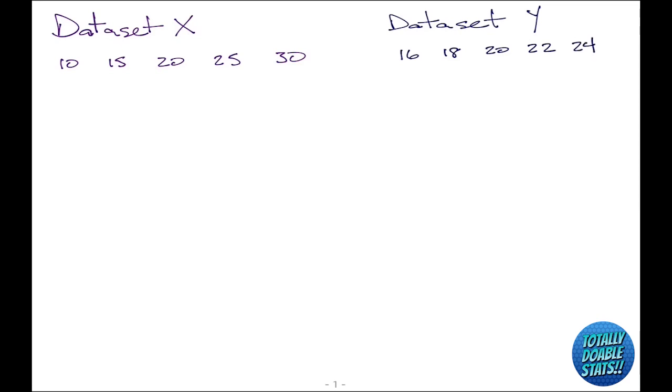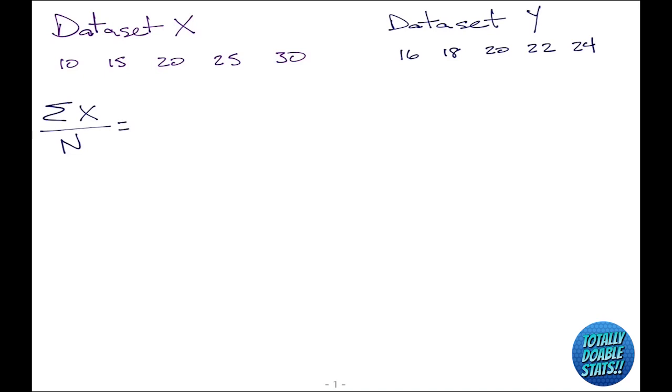Well, the first thing we want to do is really find out what the mean is of each of our data sets. If you'll remember from last time, the formula for mean is the sum of all of my values divided by the number of values that I have.